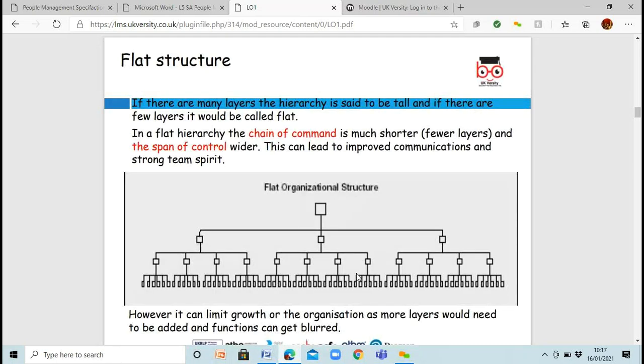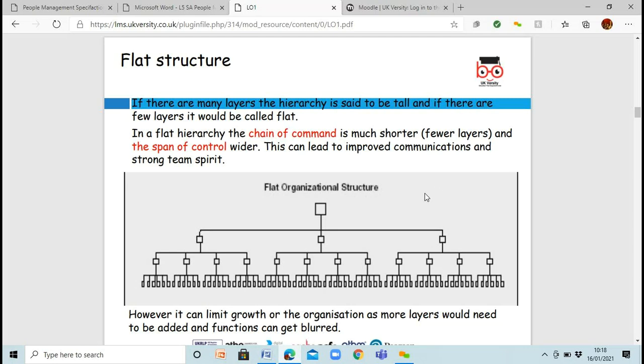Then we have the flat structure. This can actually be similar to the tall structure, but it's a flat structure because it's got fewer layers. So in a flat hierarchy, the chain of command is much smaller as it has fewer layers, but the span of control is actually wider. The benefit of this is that it can lead to better communications and a better team spirit.